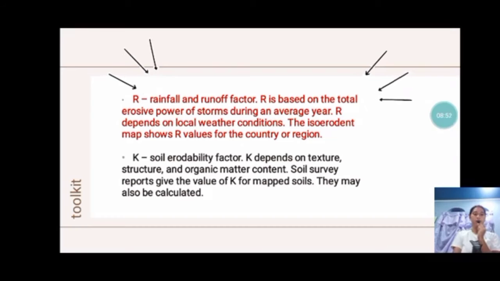The isoerodent map shows R values across the country or region. Next one will be K. K stands for soil erodibility factor. K depends on texture, structure, and organic matter content. Soil survey reports give the value of K for mapped soils. They may also be calculated.